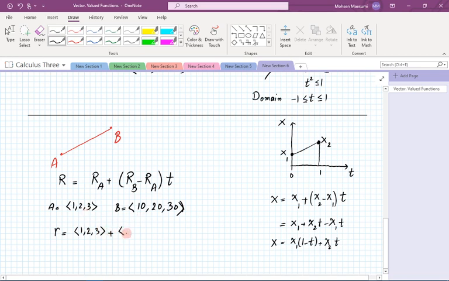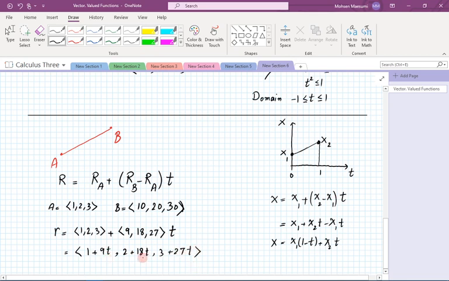The difference of these two is going to be 9 and 18 and 27, the difference of the starting and ending position, times the time t. So if you want to add them up, it's going to be 1 plus 9t, 2 plus 18t, and 3 plus 27t. Let's check this.